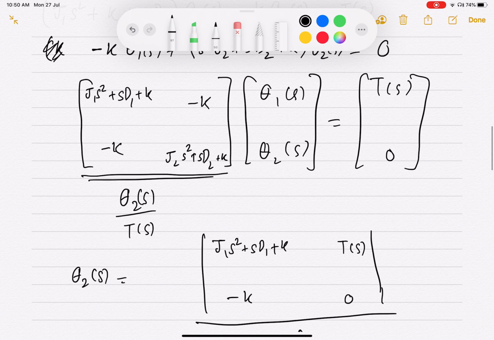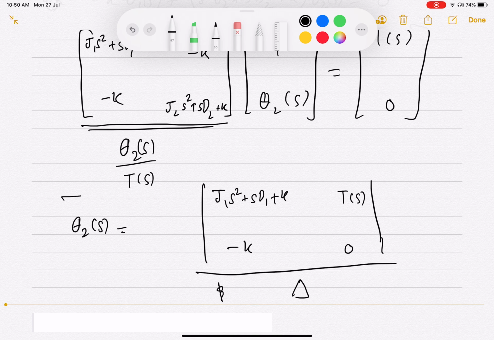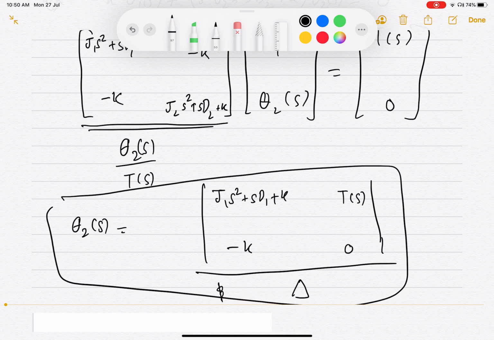So you can find theta 2(s) from this equation, and correspondingly you will get theta 2(s) by T(s), which is the transfer function you're trying to obtain. I hope this is clear. We can write down the equations by drawing the free body diagram, and by the method of inspection.